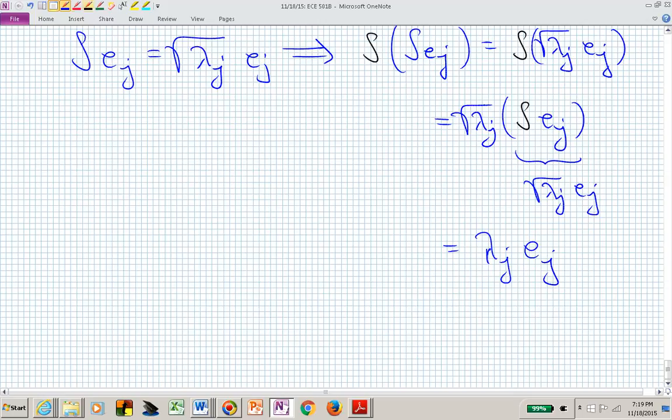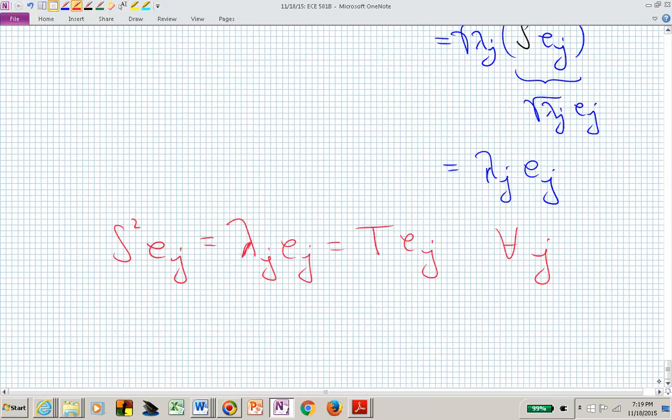But what do we have right here? Well, right there we have S squared e_j, which is now equal to lambda_j e_j. But what was equal to lambda_j e_j? That was just T e_j for all j.